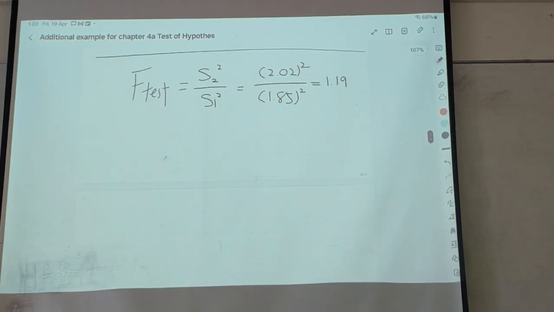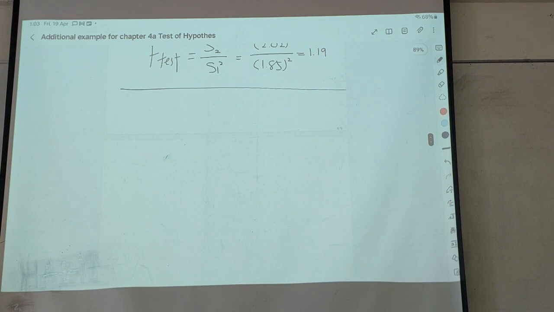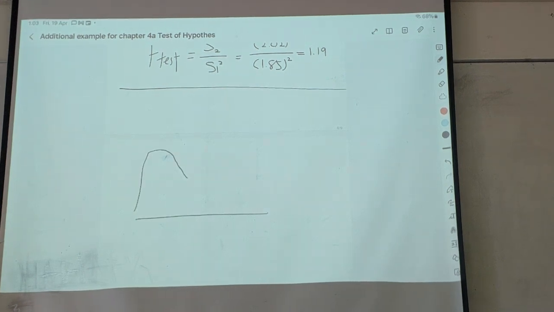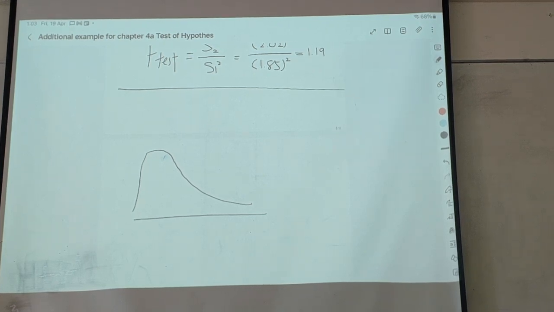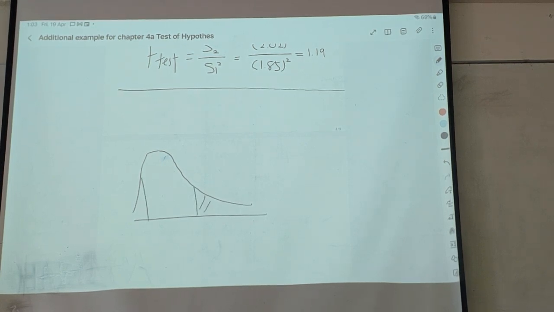Okay, so after that, we must get the critical value. For the F test, it looks like this. Based on the alternative, we need to consider not equal. Not equal means that we must have two critical values.